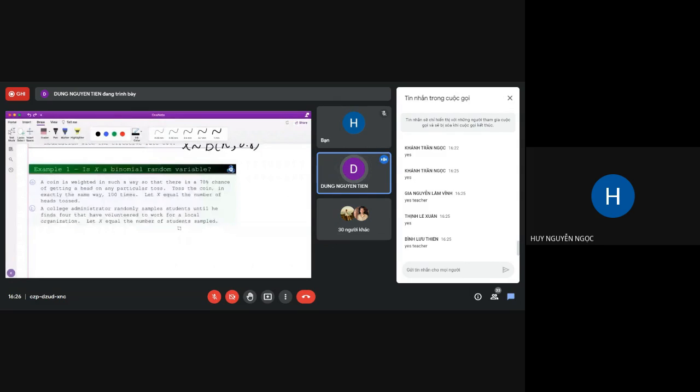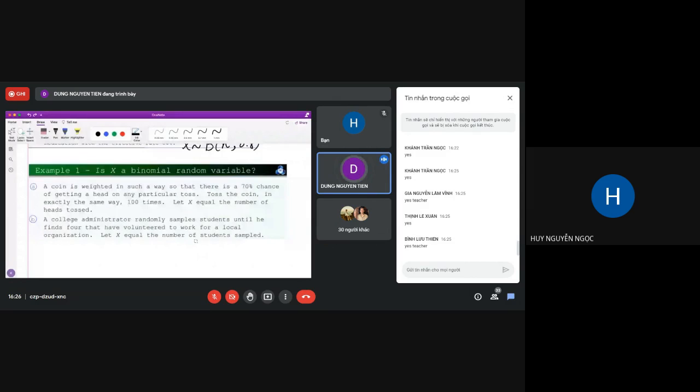Toss the coin in exactly the same way 100 times, and X is the number of heads tossed. Is X a binomial random variable? Yes or no? Yes, it is a binomial random variable.